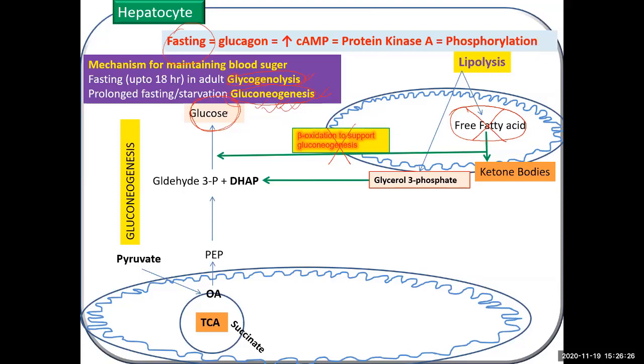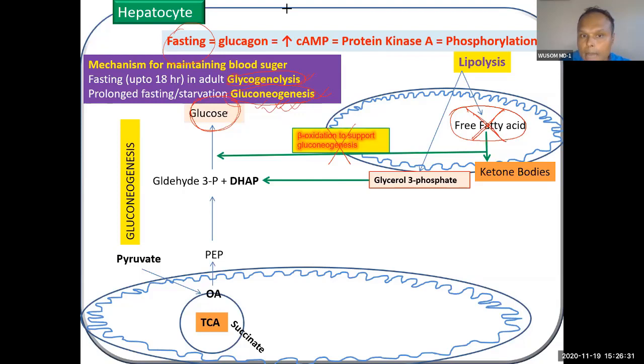No. So if fatty acid oxidation is blocked, this will lead to low glucose, meaning hypoglycemia. And because ketone bodies in the liver, as I told you, are formed from acetyl coenzyme A produced from fatty acid oxidation, ketone bodies will also not be there.